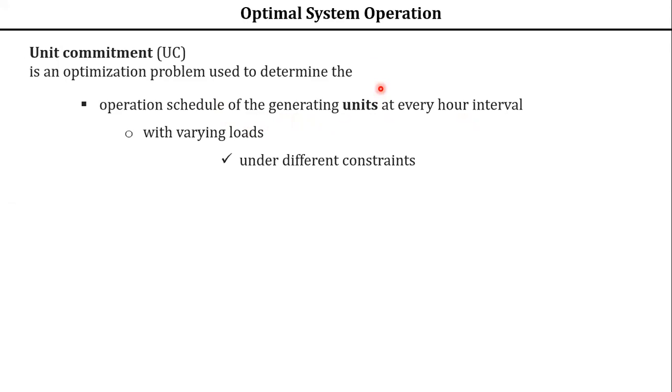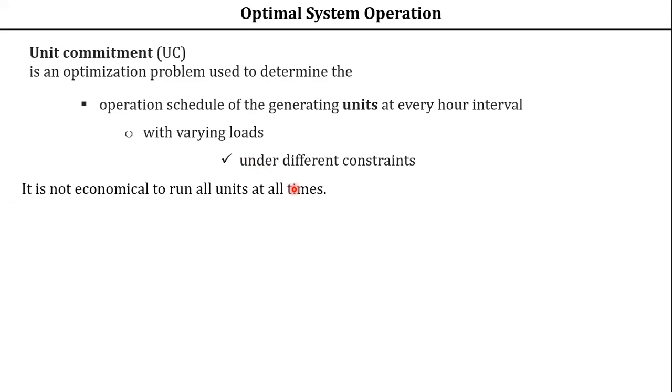This is the thing we are going to study under the unit commitment problem. In a simple way, it is an optimization problem of determining which units to be on for a given particular load under different conditions or constraints. This is your unit commitment problem. Why do we have to solve this unit commitment problem? Why do we have to solve it?